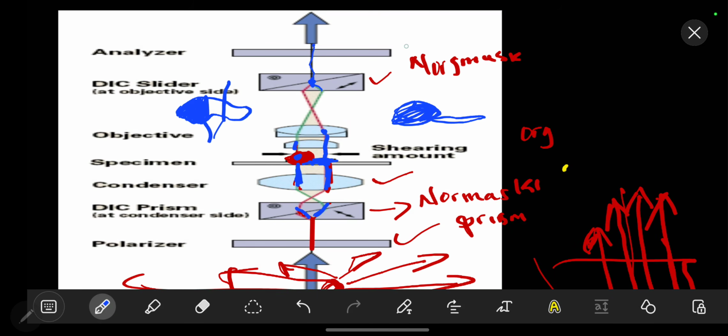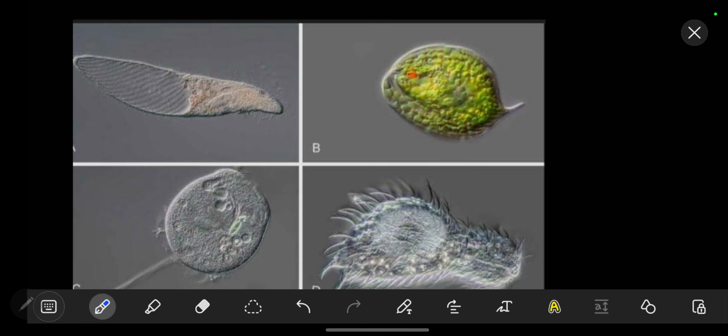Now let me show you how the image looks. These are images that are produced by the DIC, which is our differential interference contrast. As you can see, at this point, light passed through very fast as compared to this one. You can even tell the thickness. That is how the analyzer is able to get the phase shift and convert it into images. Where light passed very fast, it simply means it was less thick as compared to the other part.